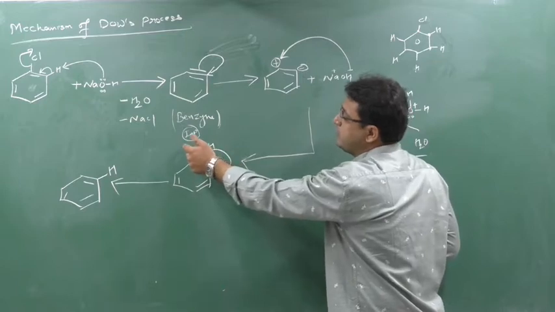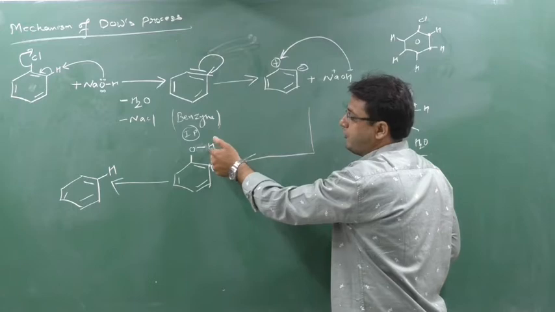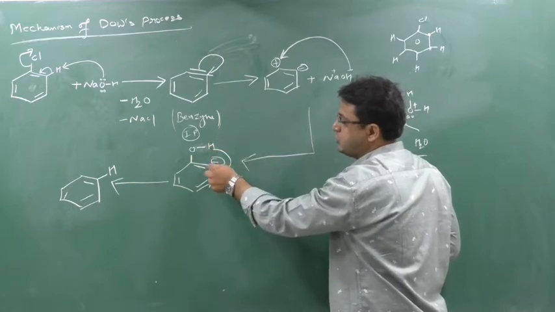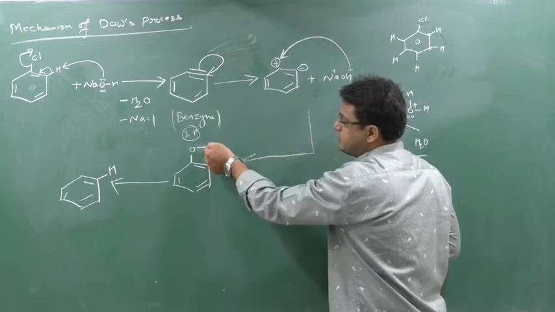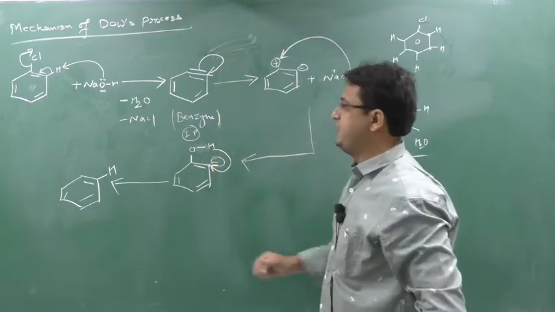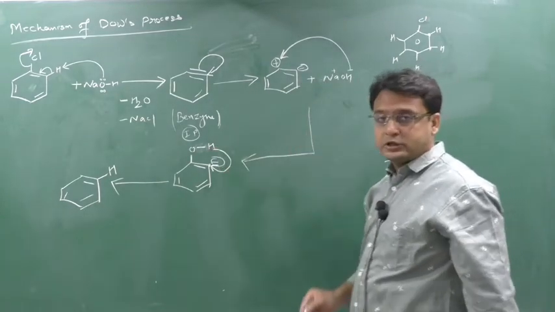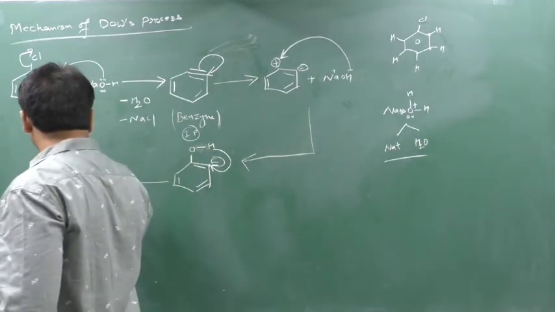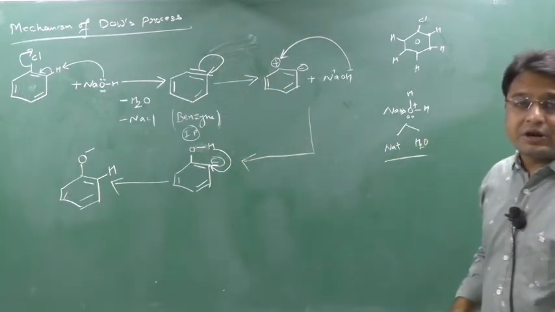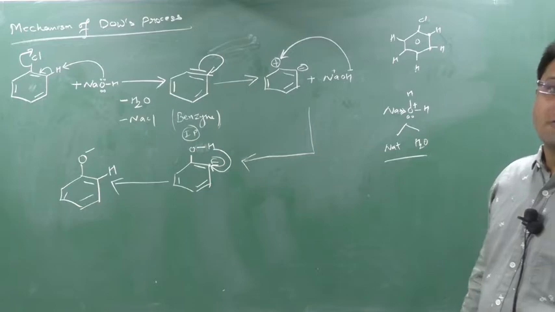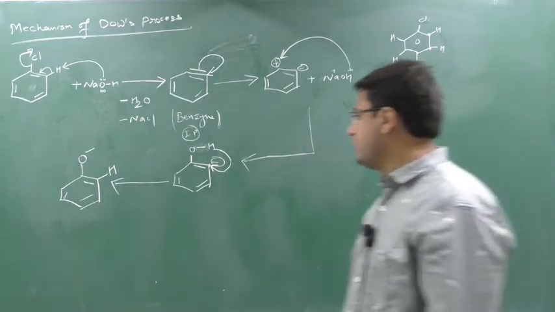So this is an acidic hydrogen, meaning it requires an electron. So this H will shift to this ortho position because there will be a proton transfer. So this H plus will be transferred back to the position which you had taken from the ortho position. Now when H is removed as H plus, what will be generated? Here O minus will be generated. That's why I am telling you phenoxide ion will be generated in the first step. Phenoxide ion. See, understood phenoxide ion? This is nothing but your phenoxide ion.